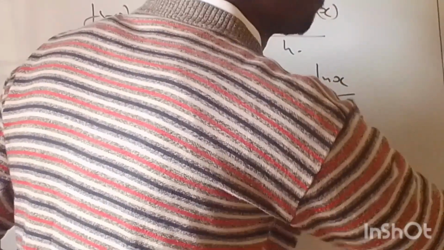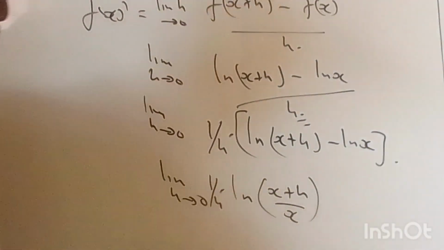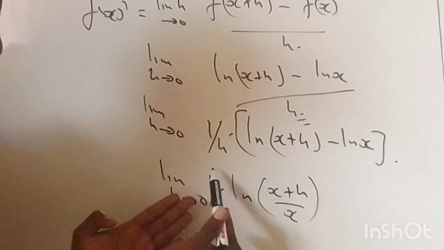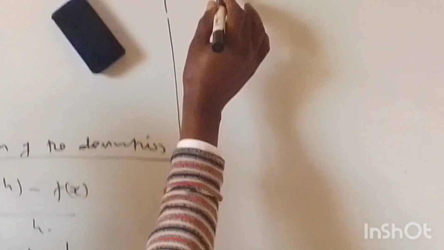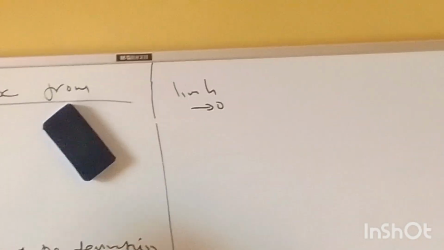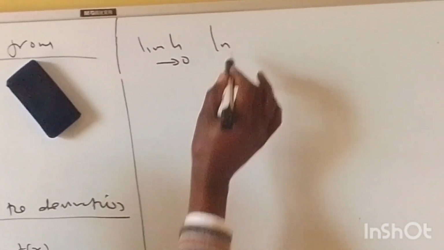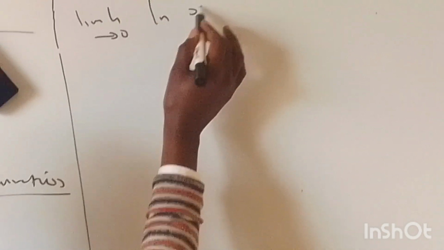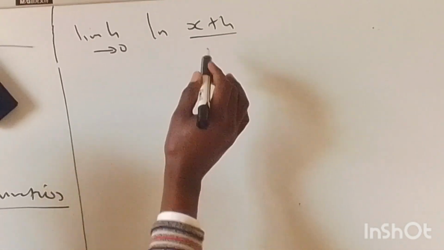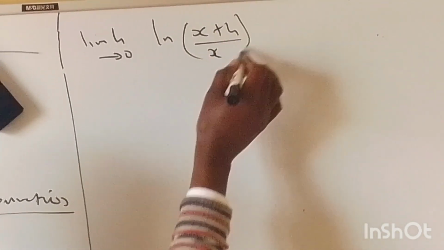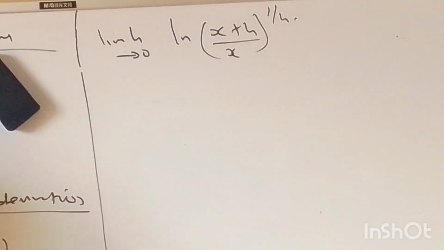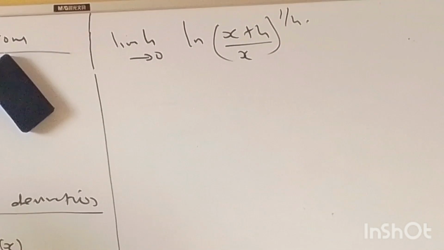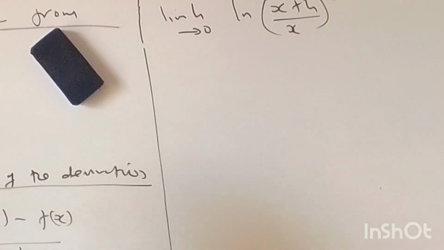Again, we can apply the third law of logs, by taking 1 over h to the other side. So we have as the limit h is tending to 0, the natural log of x plus h over x, and this one is raised to 1 over h. It's very beautiful.